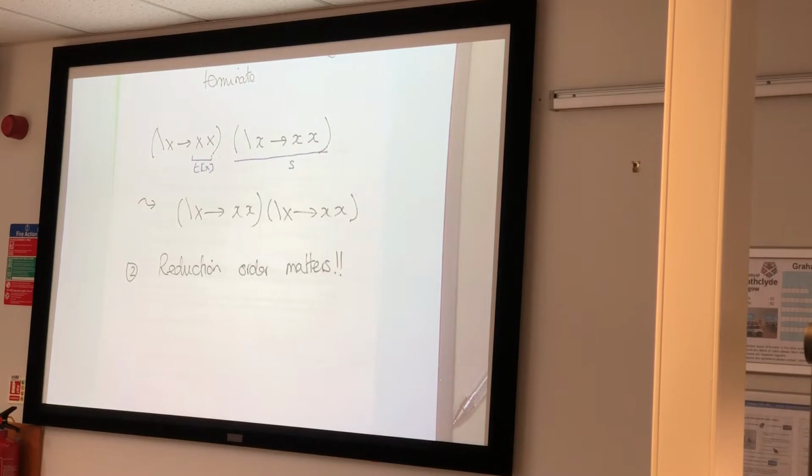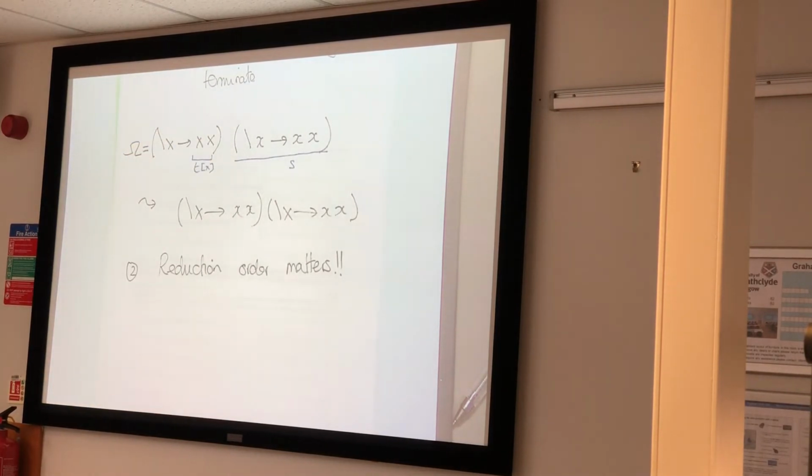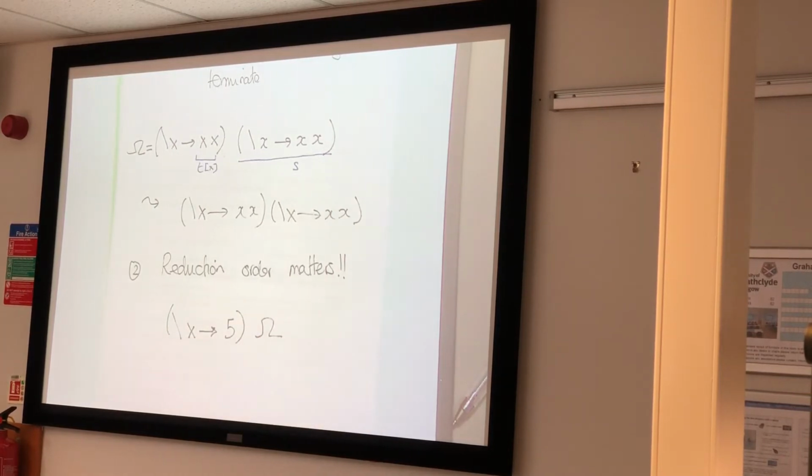So let's have an example. Let's call that term omega. And I'll consider that term. So the rules I gave you allow you to do a reduction anywhere.